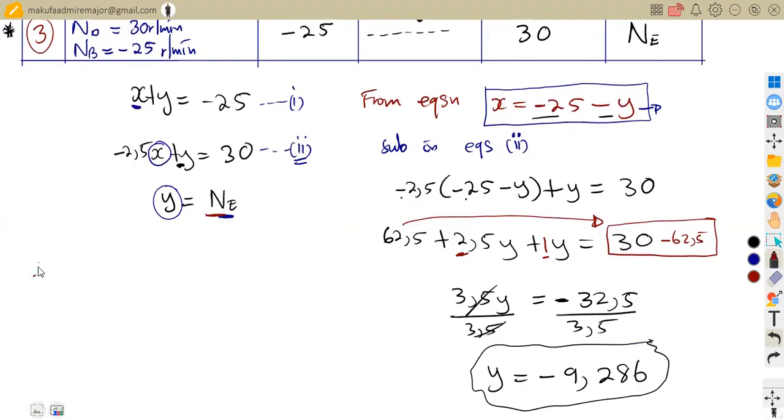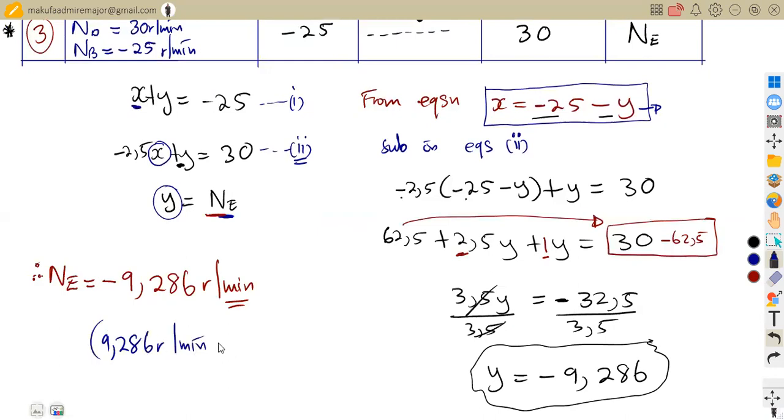So therefore, the speed of arm E in this case is going to be negative 9,286 revs per minute, or we are simply saying 9,286 revs per minute anti-clockwise. If you write in words, anti-clockwise like this, and negative means you are going in the anti-clockwise.